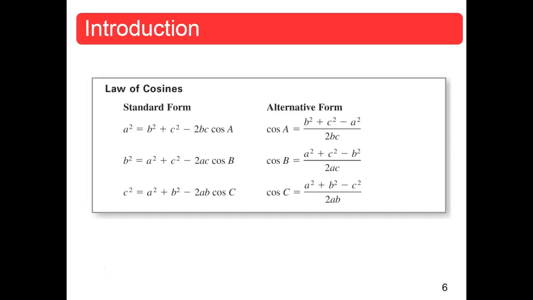So whichever one you're looking for, if it's B, use A squared plus C squared minus B squared, divided by 2AC. For C, A squared plus B squared minus C squared over 2AB. So those are your 3 forms, and they're fairly reasonable, okay? But you can always look it up if you forget them. I don't ever trust memory.